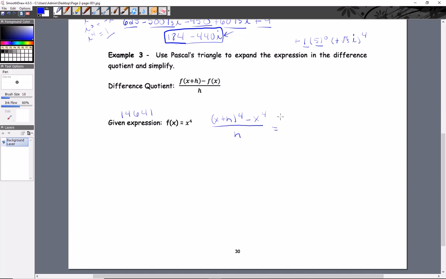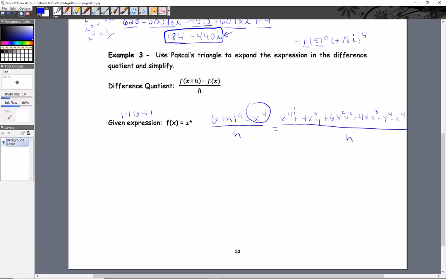We're going to get x to the 4th plus, let's see, 4x to the 3rd y plus 6 x squared y squared plus 4x y to the 3rd plus y to the 4th. And don't forget this guy, so minus x to the 4th. And that's all over h.